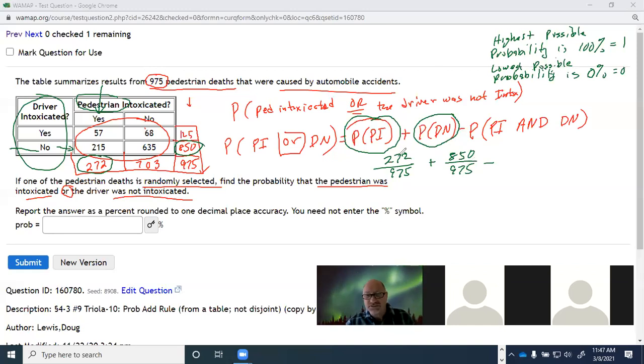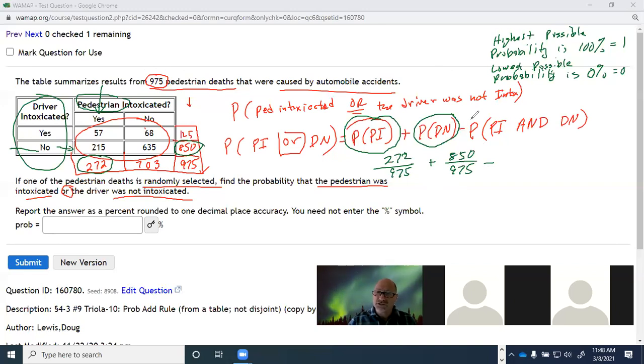And if you take a look at this, 272 over 975 plus 850 over 975, well, 272 and 850 is more than 1,000. If you add those together, you'll get over 1,000 something over 975, which is bigger than 1, which would make it more than 100%. You can never, ever get an answer that's more than 100% in probabilities. If you do, there's been an error made.